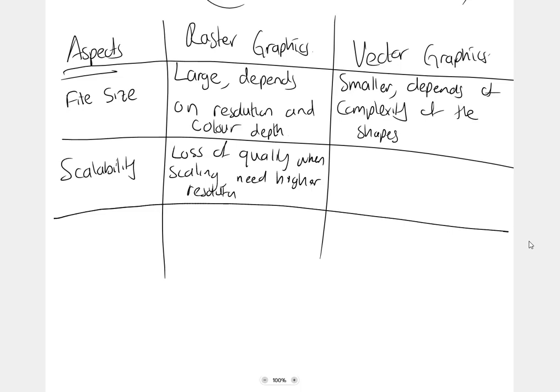In terms of scalability for vector images, it turns out that even though it's more difficult to actually create the shapes and the equations and all of that, it's easily scalable and you can zoom in infinitely.